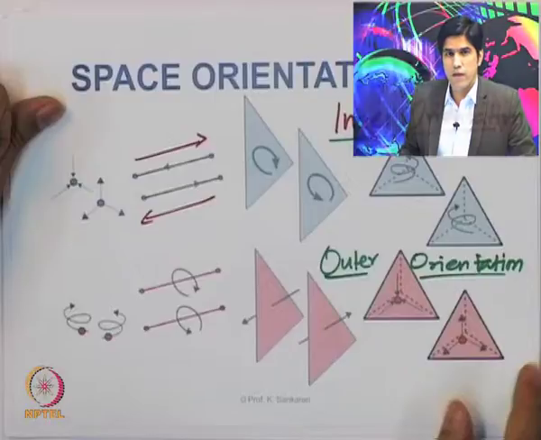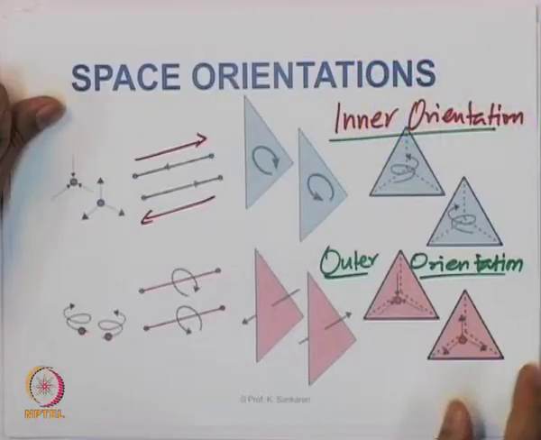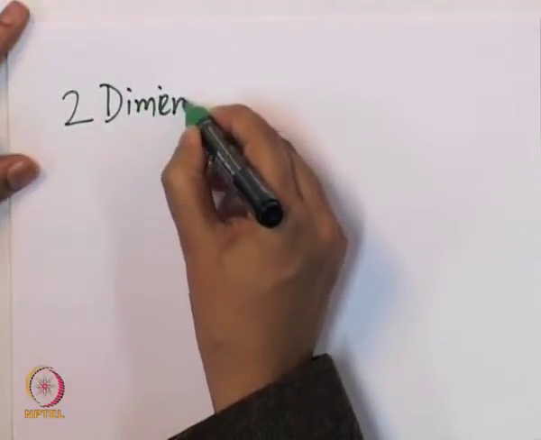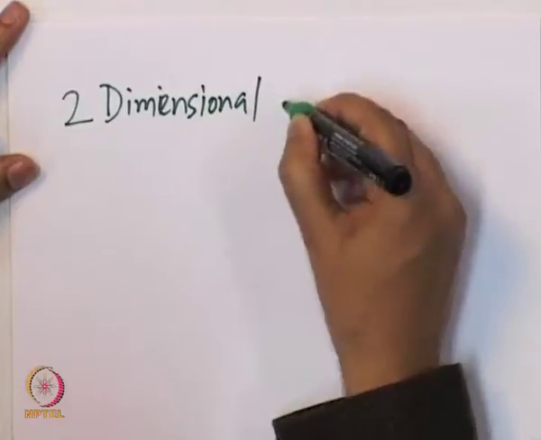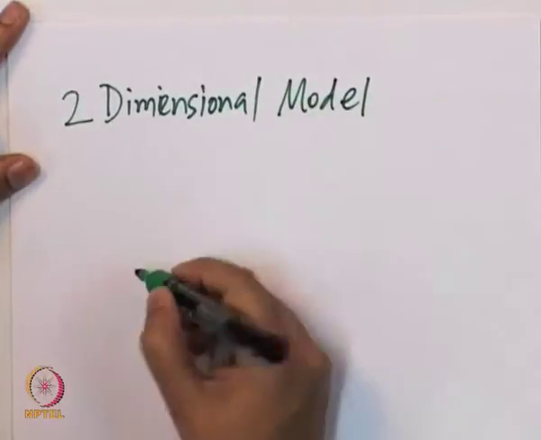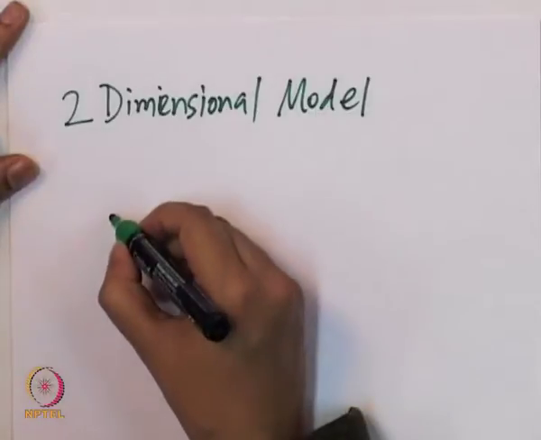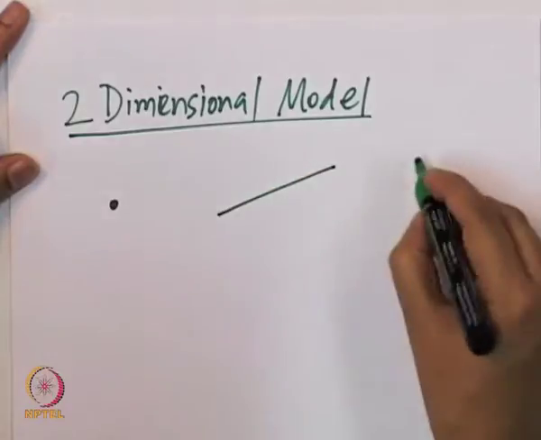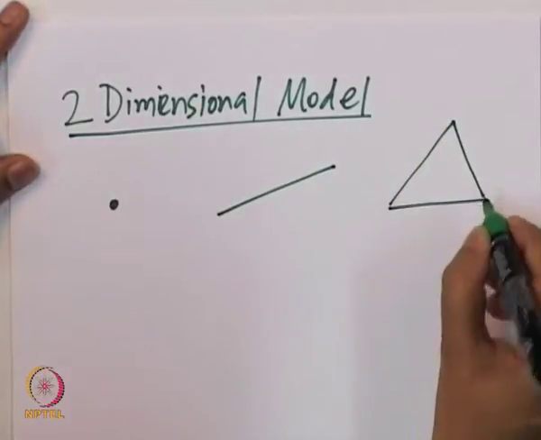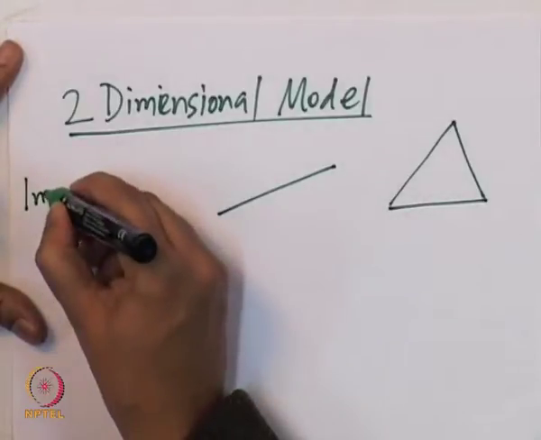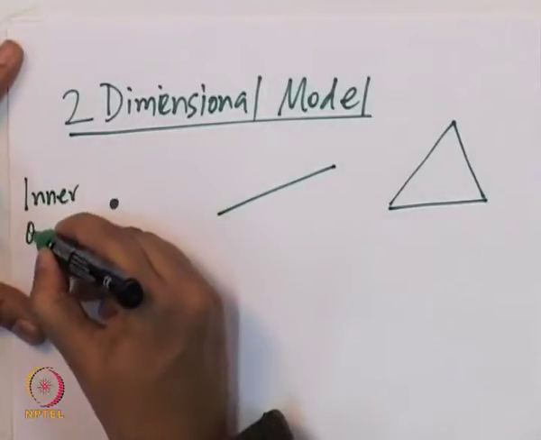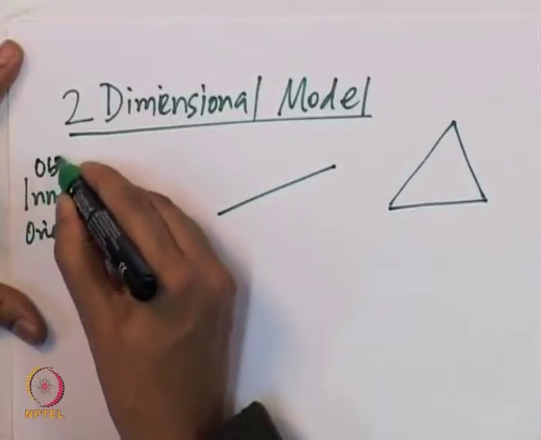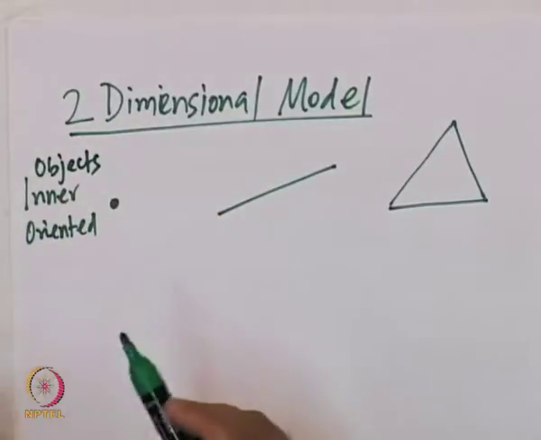What I mean by embedding space is this: if I am in a two-dimensional model, all I have got is a point, a line, and a surface, and these are the inner oriented objects with inner orientation.